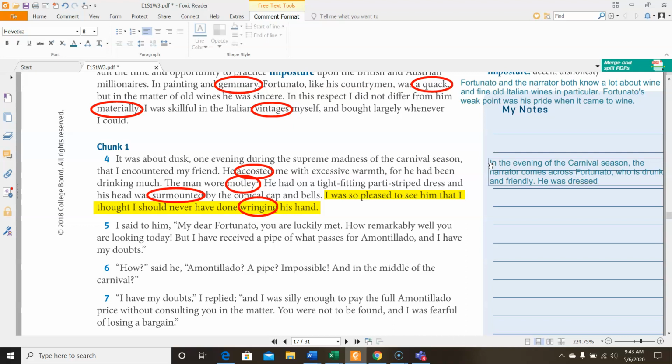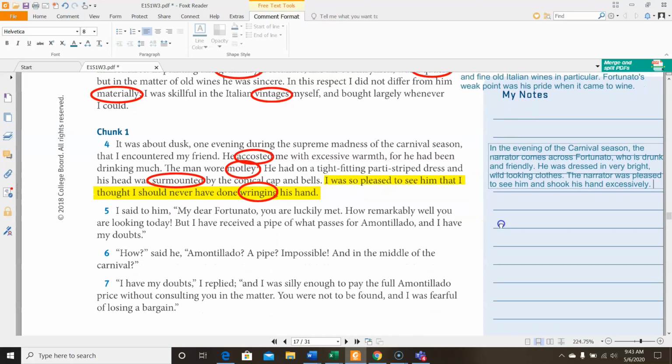He was dressed in very bright, wild-looking clothes, kind of like a fool. The narrator was pleased to see him and shook his hand excessively. That's what it means by wringing his hand. He's shaking his hand, but he won't stop shaking it, like he's so excited to see him.